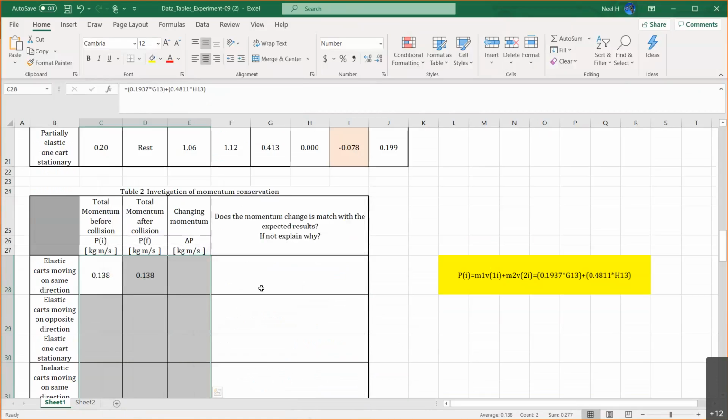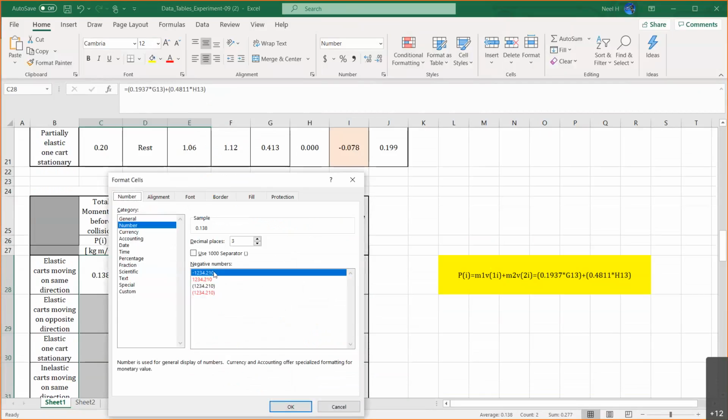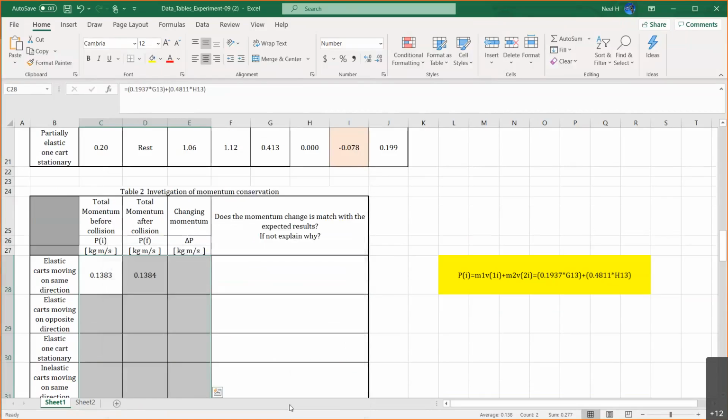Okay, still the same. So I want to check it to 4 decimal places, to see whether it is still the same. There's a very slight difference at the 4th decimal. So that's good. That's not bad actually, because we are expecting momentum conservation.